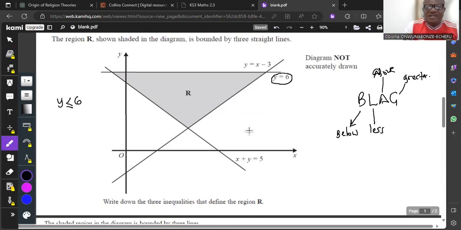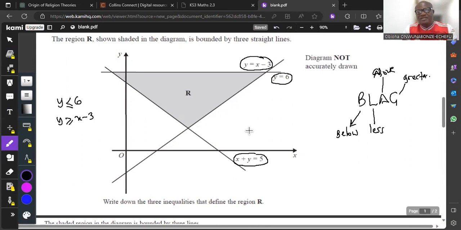Now for this other line, y equal to x minus 3. You can see that above the line is shaded. So because above the line is shaded, I will use greater than. So the other inequality is y greater than or equal to x minus 3. Okay. And then for the third equation, x plus y equal to 5.